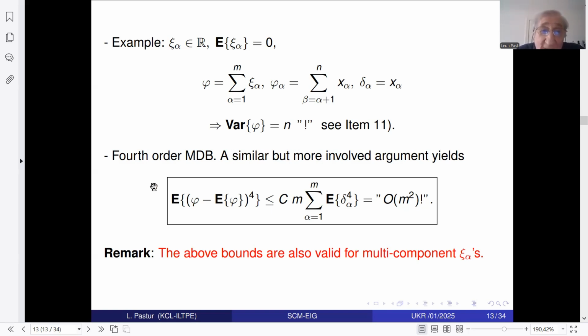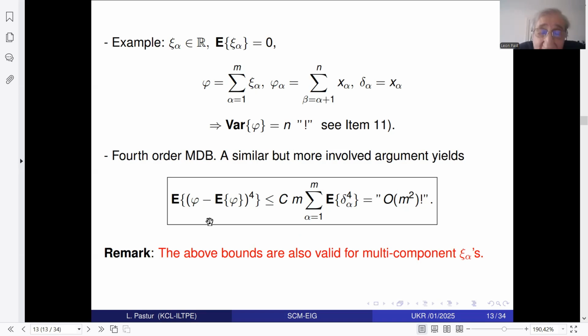And now a bit more work. You can do the same trick with the fourth moment. This is already a bit involved combinatorial calculation, and I leave it to you, or you can look at any good book on probability theory. So the bound is given again. The fourth moment is a sum with respect to 4 indices.